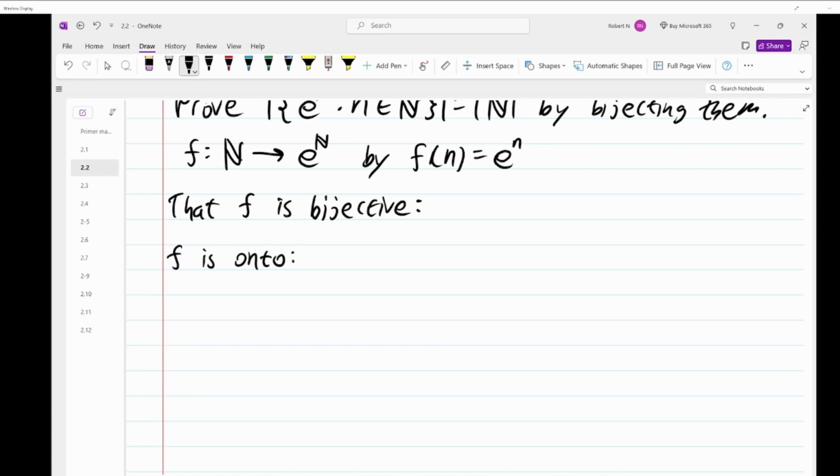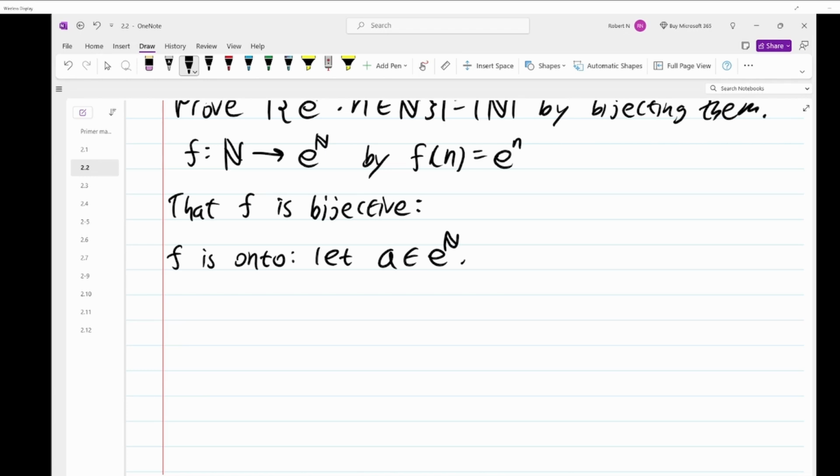So the way we're going to prove this is we're going to take an arbitrary element of this set, and we're going to say that something in the domain maps to this. So the element of e to the power of n is our output set, right? Yeah. In this example, a is in the output space.